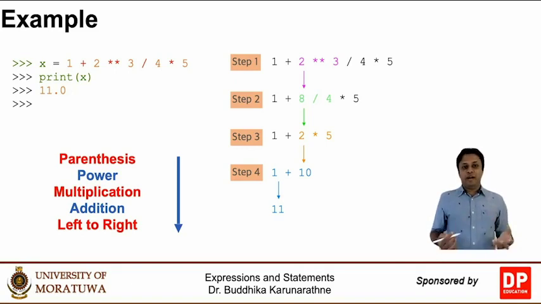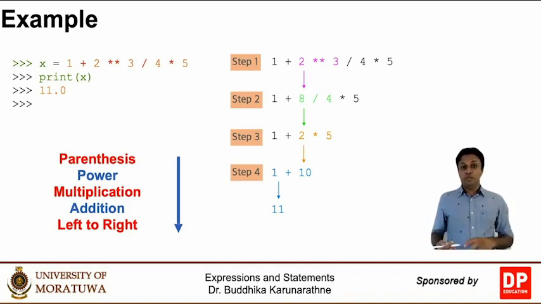So in step 2, we divide 8 by 4, resulting in 2. Step 3 is straightforward, as we will do multiplication before addition, which results in 10. And at the last step, we only have addition to perform, and the final result is 11.